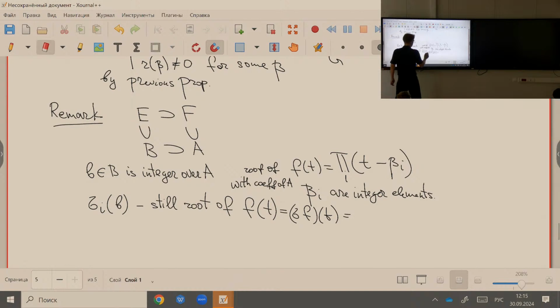And it is still a root of the same polynomial, so it is integral.